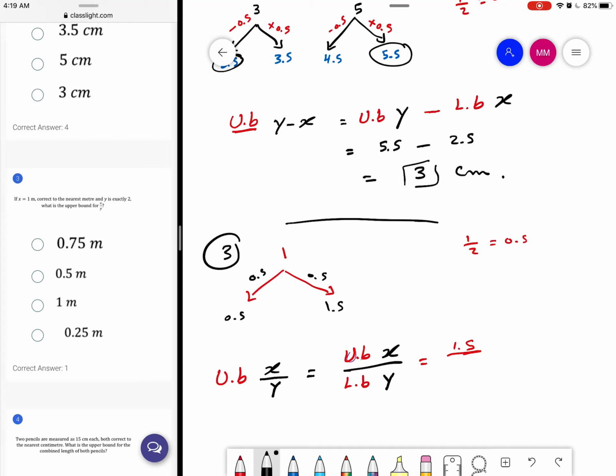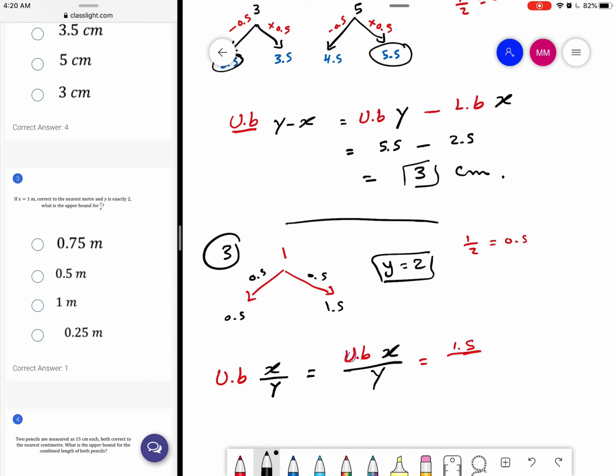Because he said y is exactly 2. You can't get an upper bound or lower bound, it's exactly 2. It's not corrected to anything like 2 decimal places, 2 centimeters, 2 meters, whatever, it's just 2. So no need to calculate the lower bound or upper bound here, it's just y.